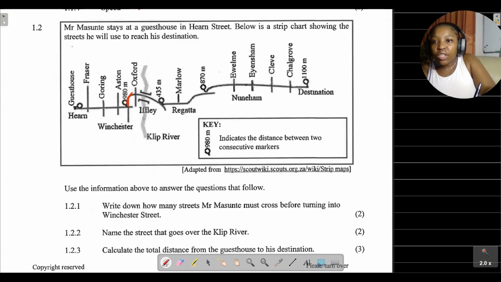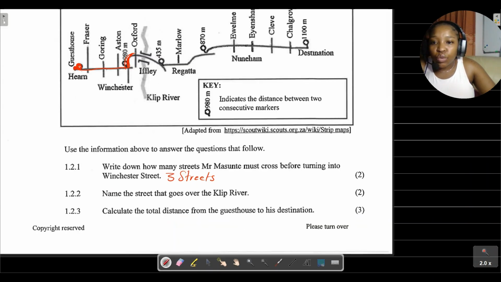That's where he is, that guest house. So he's going to pass Fraser, he's going to pass Goring, he's going to pass Aston, and then he's going to turn into Winchester. So how many streets must he cross before turning into Winchester? We can see that he must cross 3 streets.